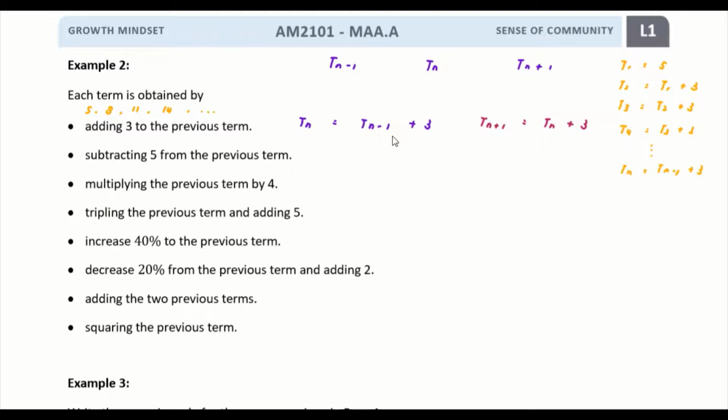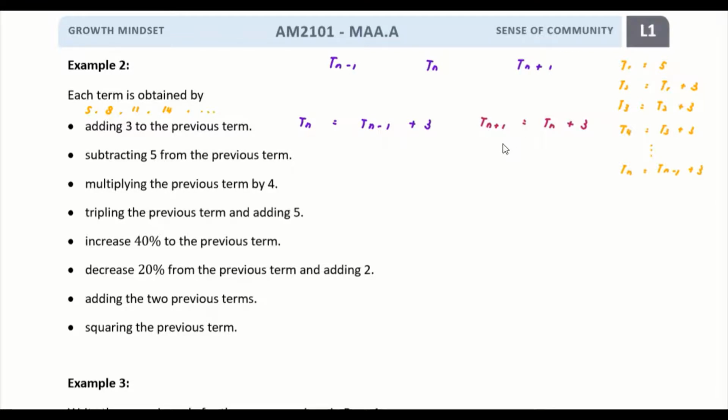Sometimes they give you specifically that they want you to denote your relationship by using the n term and n minus 1 term. Or sometimes they say they want it in terms of the n plus 1 term and the n term. So you might need to follow the question. If that's not given, then both of them can be accepted.